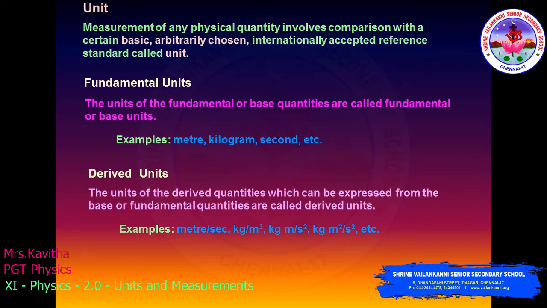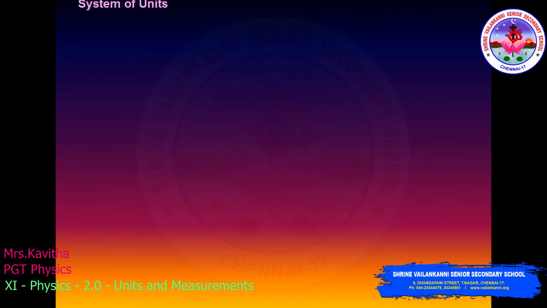So unit of speed is equal to unit of distance by unit of time. What is the unit of distance? We know that from the fundamental. Yes, meter per second. So it will come as meter per second. Like that we have different derived quantities which are derived from the fundamental quantities, all other quantities. Got it? The next one is system of units.